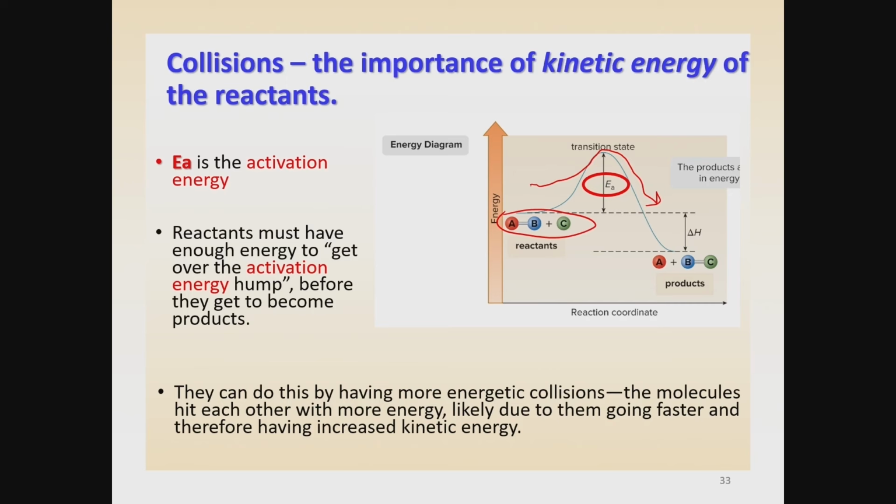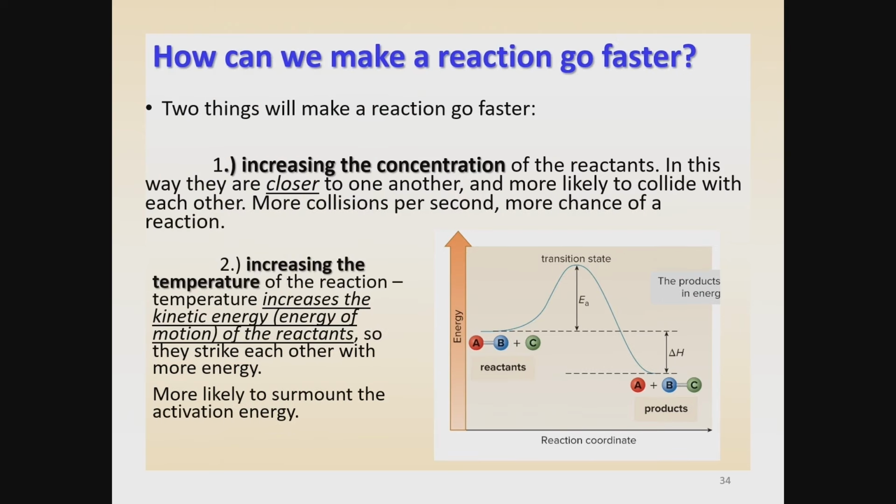If you can increase how fast these molecules are traveling, the amount of energy that they have, then you're more likely to have a collision with the requisite energy to get over this hump.